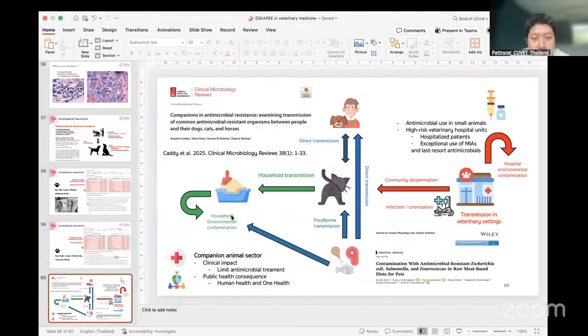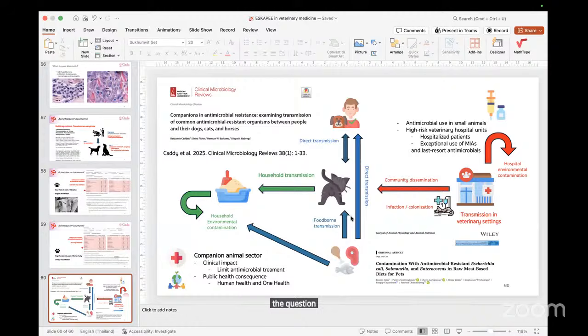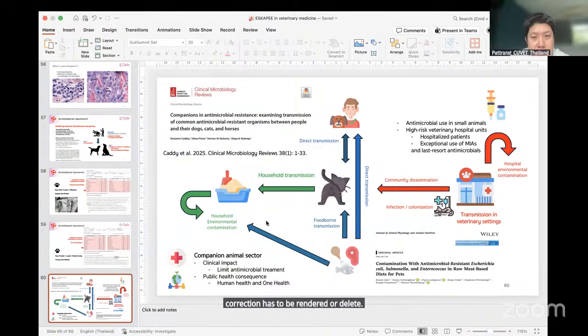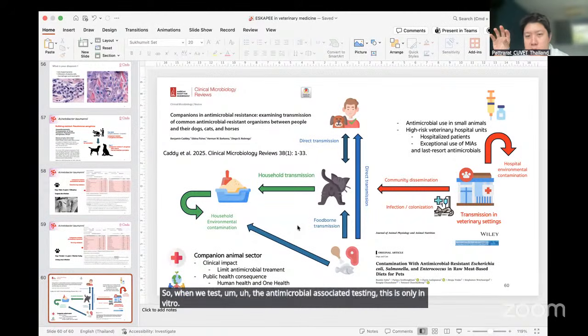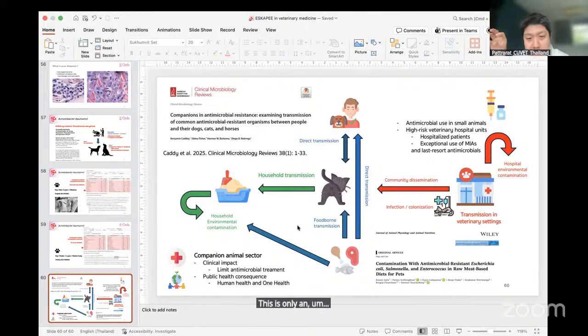So I'm reading the question. The condition has usually deteriorated, and the reason actually caused it. Yes, it depends on the conditions of the animals also. When we do antimicrobial susceptibility testing, this is only in vitro, only in the lab.